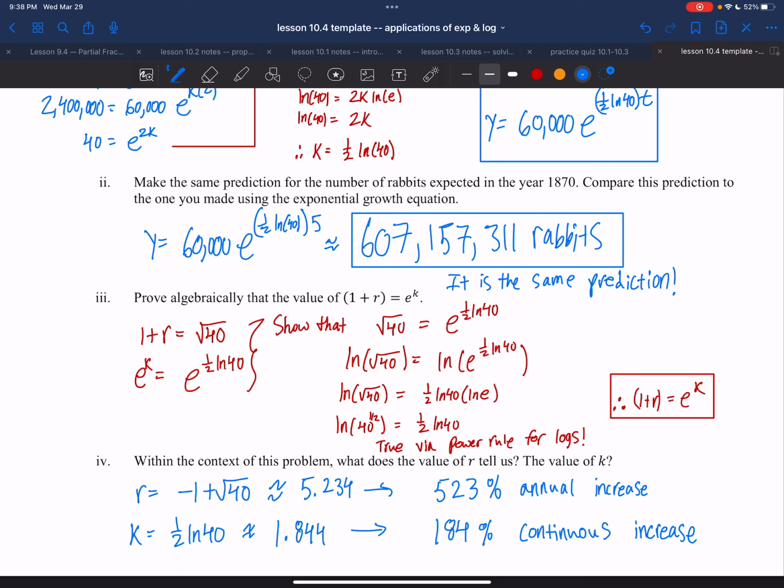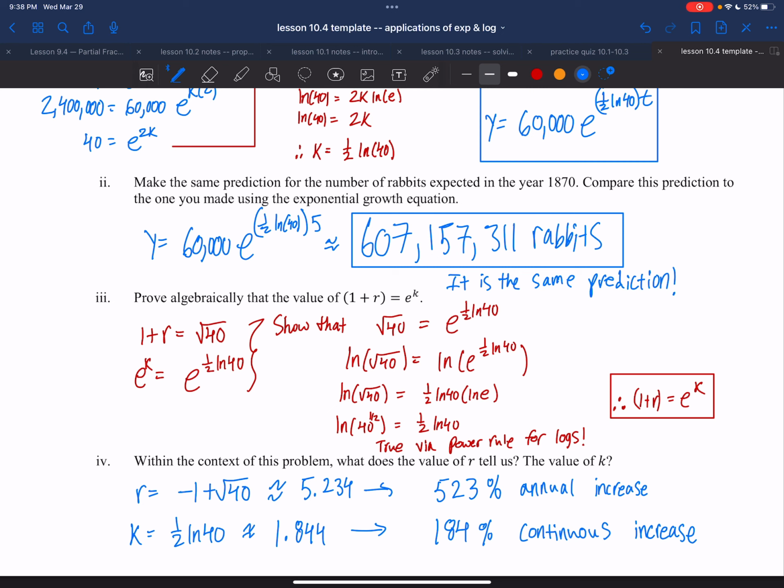The continuous rate is a rate of continuous change, meaning every second, and I say every second, but really I mean just instant, a 184% increase in their population.